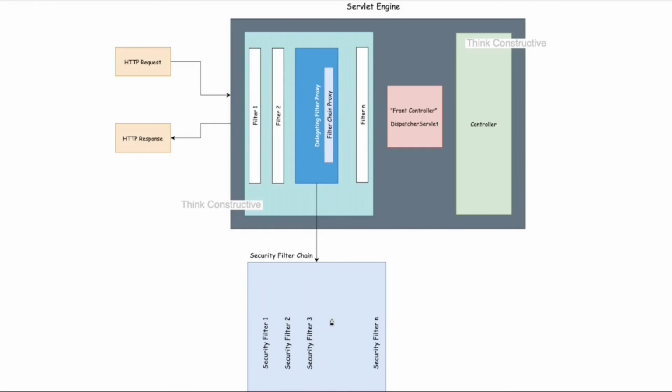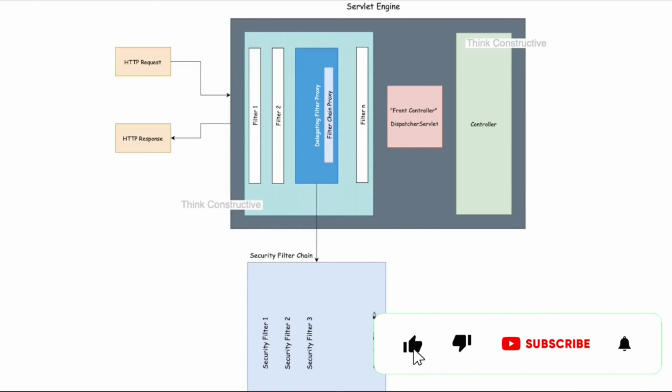If that is verified and validated, the next step is to check whether that particular user is allowed to access that GET resource or not. If it is allowed, then the remaining controller processing will take place. This is the very high level overview of how Spring Security intercepts and pre-processes all the requests before reaching the front controller or dispatcher servlet.